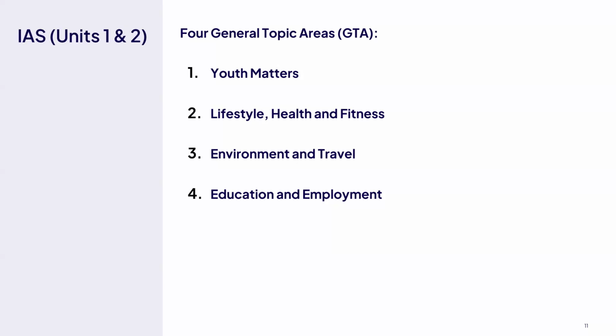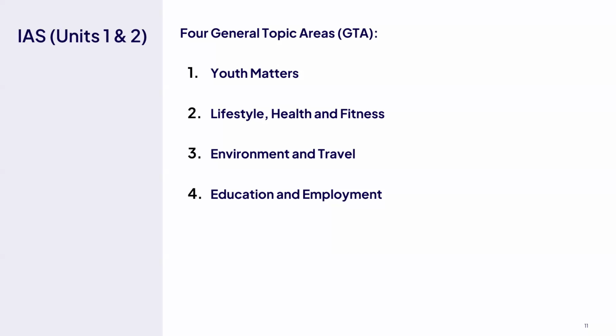So the content of the speaking cards that they deal with when they do the Unit 1 speaking exam, and the content of the paper that they deal with for Unit 2, will all be drawn from those general topic areas. And there is also something important to say about the word general, because these general topic areas don't need specific examples from the target language speaking world.